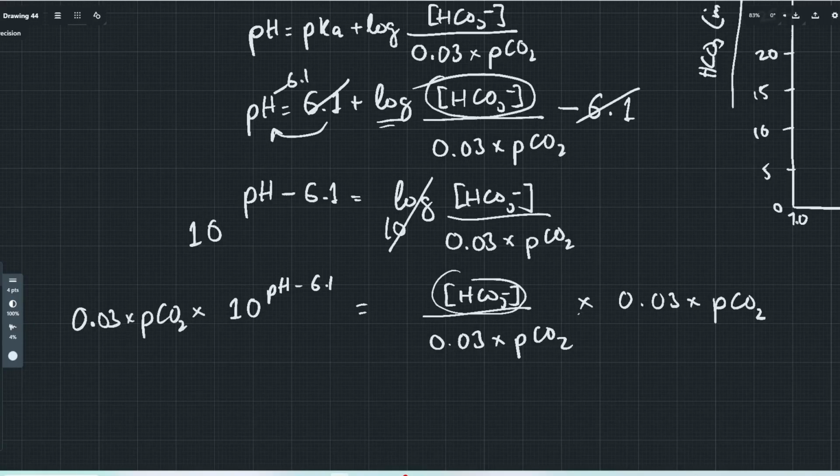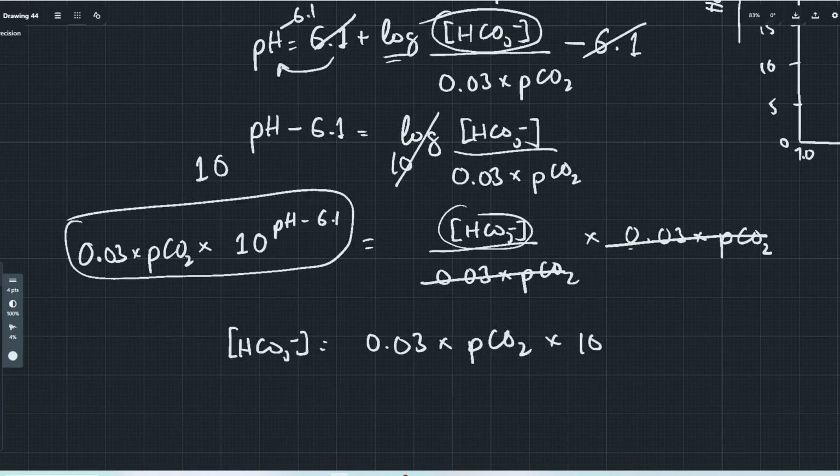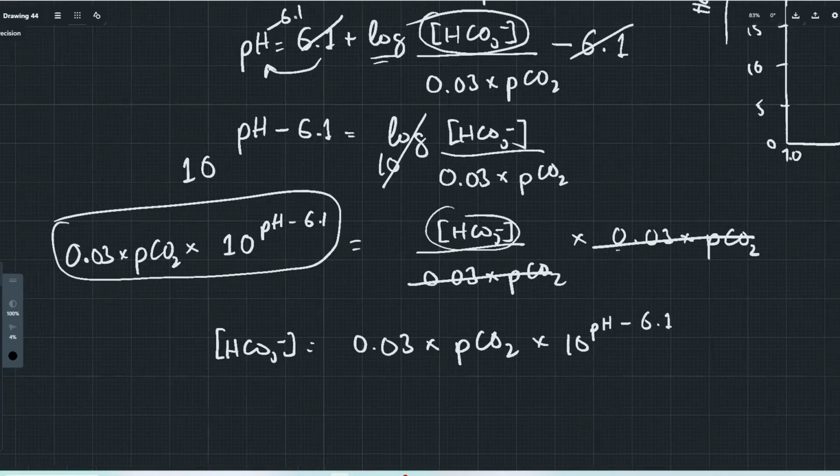Now you see, when we multiply, these values will be cancelled, and in the end we will get HCO3 is equal to this part of the equation, or we can write it like this: HCO3 is equal to 0.03 into PCO2 into 10 raised to power pH minus 6.1.